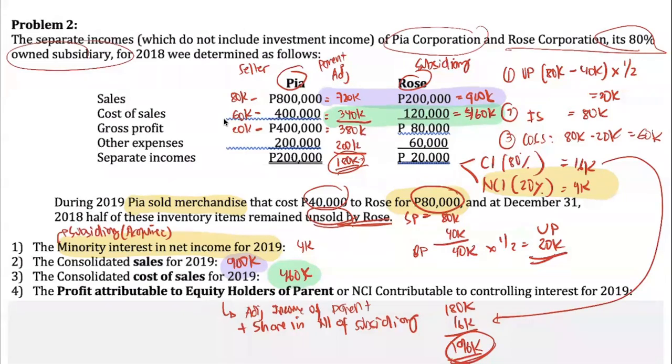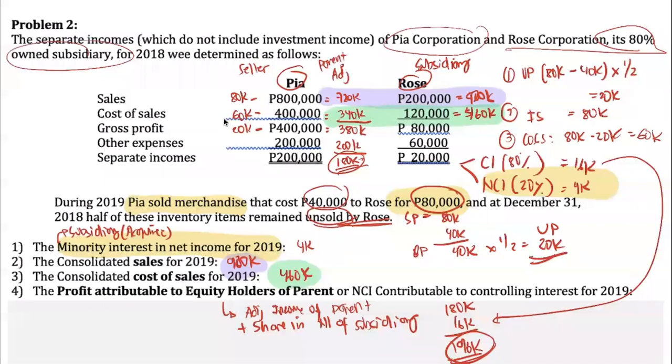Okay. So what are the questions here? You were asked for the minority interest. When we talk about minority interest, that is NCI. Saan nanggagaling yung NCI? Kay acquiree or kay subsidiary? So si Rose ang subsidiary dito. Kinuha natin yung NCI, 4,000. Consolidated sales after adjustment, 720 plus 200, we have 920,000.